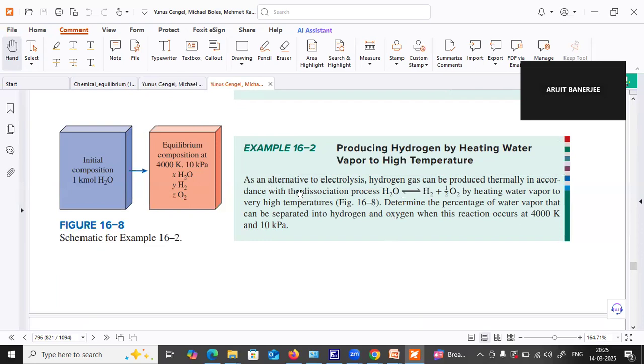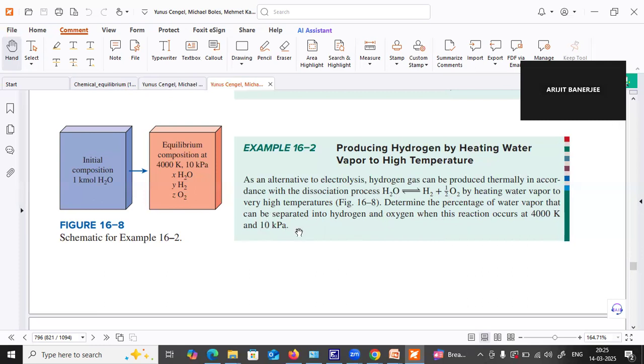As an alternative to electrolysis, hydrogen gas can be produced thermally in accordance with the dissociation process H2O equals H2 plus half O2. By heating water vapor to very high temperature, determine the percentage of water vapor that can be separated into hydrogen and oxygen when this reaction occurs at 4000 Kelvin and 10 kilopascal pressure.